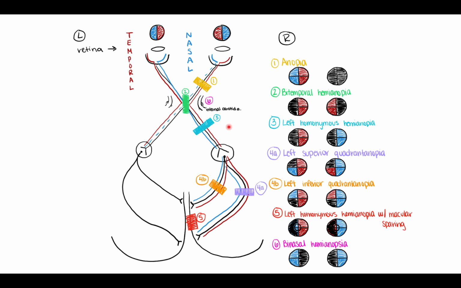It's basically going to be the same thing as this right here, and this number 3 on the optic tract, but the only difference is, for whatever reason, when you have a problem down here at the primary visual cortex, you're going to have macular sparing. That seems to be high yield, and I'm not 100% sure why it happens. I may have known during neurology, but that's not high yield as far as STEP goes.